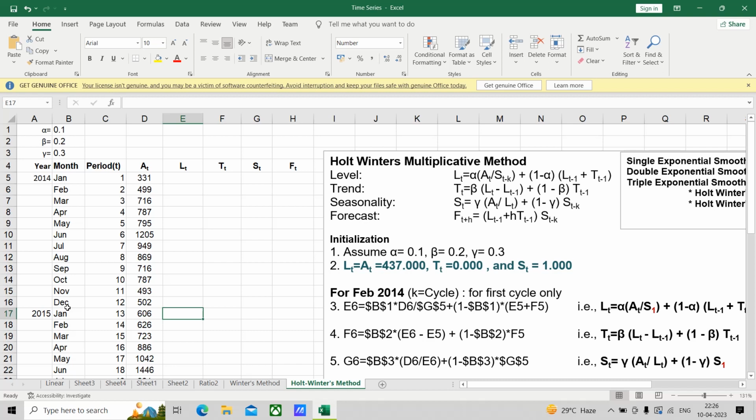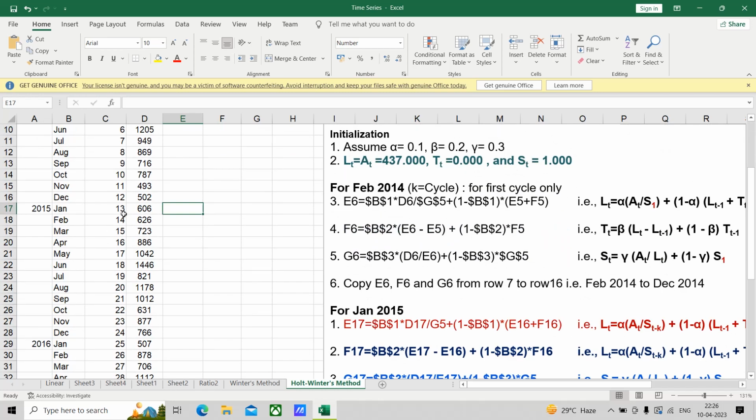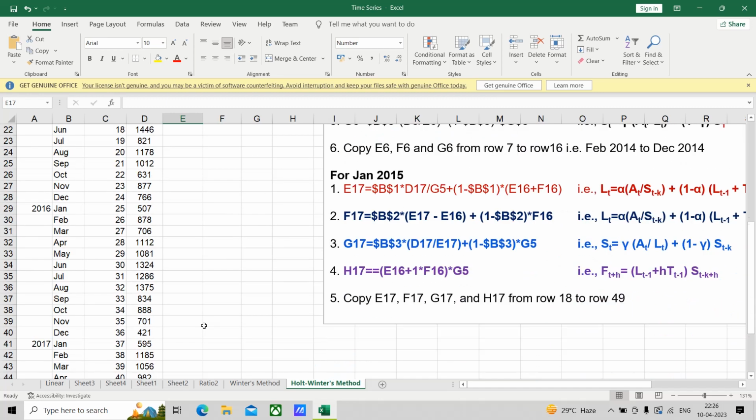Since I have taken monthly data, there are 12 different months in a year. So in one year there are 12 different periods, and for next year there are again 12 periods, and that is shown in increasing order. After 12 it is 13, 14 and so on. For third year it is 25 to 36, and in fourth year it is 37 onwards.